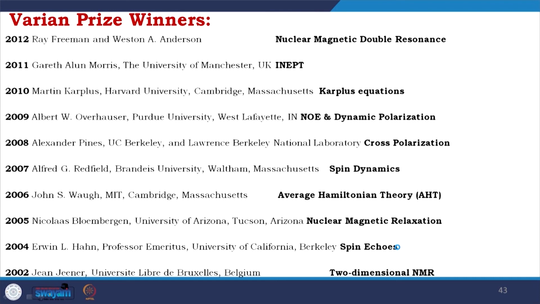Martin Karplus from Harvard University for the Karplus equation. Gareth Alan Morris, the University of Manchester, for INEPT. Ray Freeman in 2012 and Weston Anderson for nuclear magnetic double resonance.